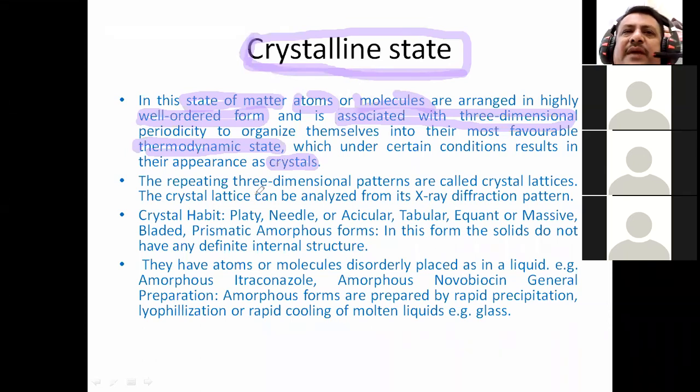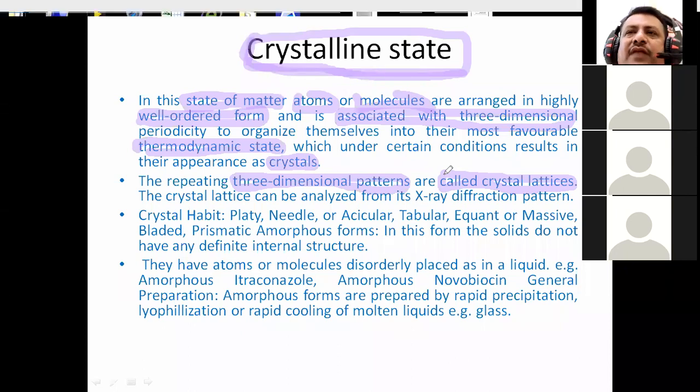Now these repeating three-dimensional patterns seen in such matter are called the crystal lattice. So what are these repetitive three-dimensional patterns called? They are called the crystal lattice.